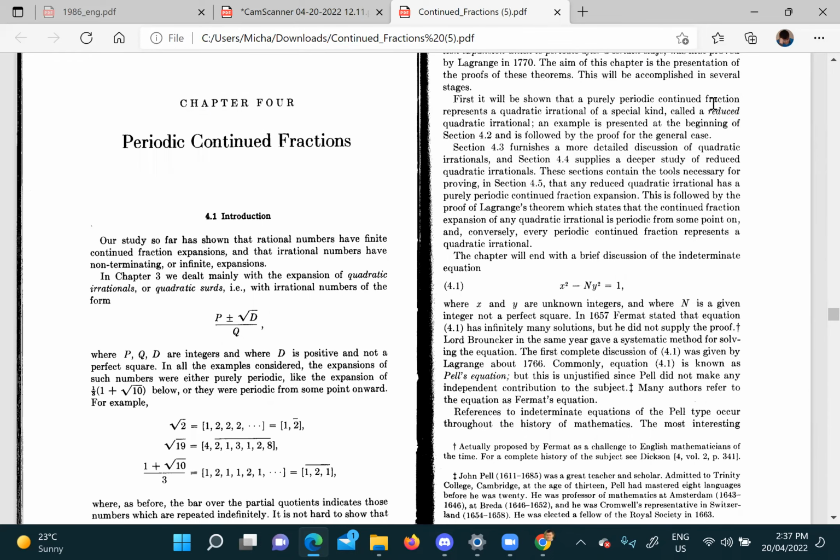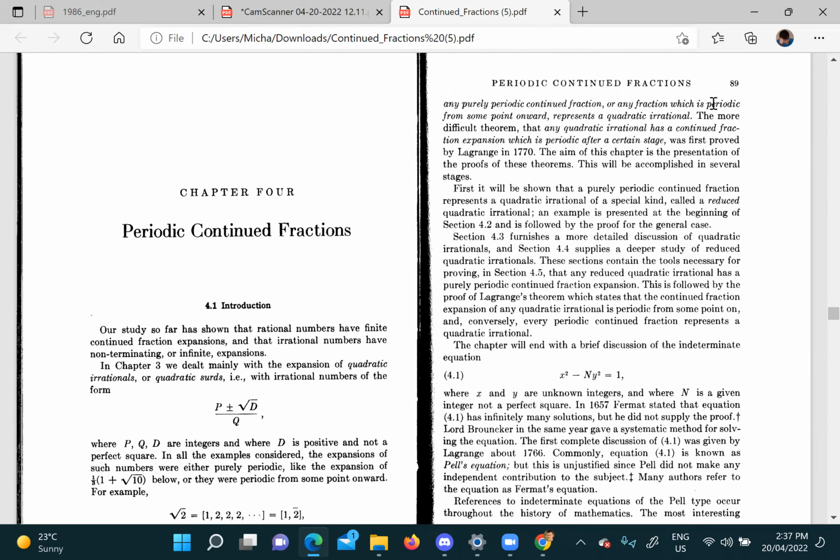It was first proved by Lagrange in 1770. The more difficult theorem is that any quadratic irrational has a continued fraction expansion which is periodic after a certain stage, so eventually periodic.